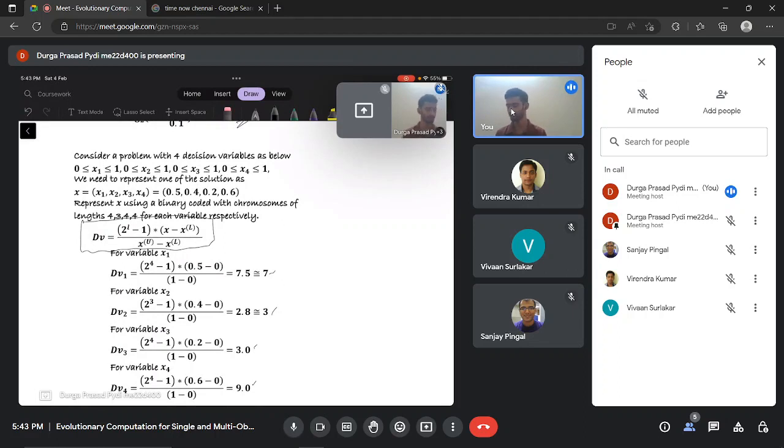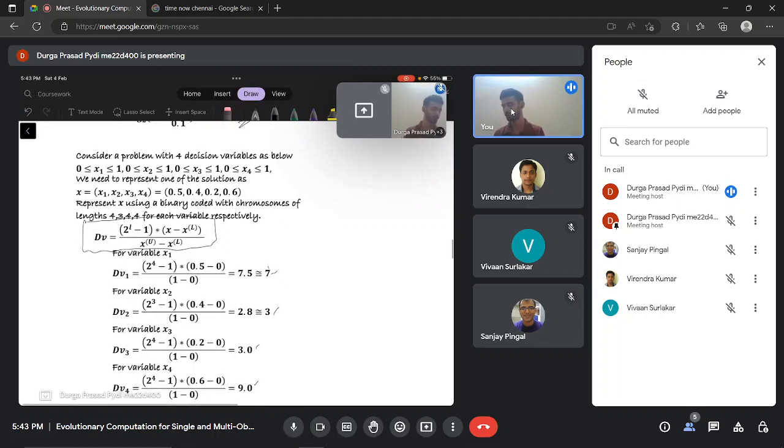From decimal to binary, if you want to convert 7 to binary, what you essentially do is 4 plus 2 plus 1. So this boils down to the coefficients of 2 power 0, 2 power 1 and 2 square. But since I have set the first variable's chromosomal length to 4, I need another bit here which we don't have any value for, so we keep 0.